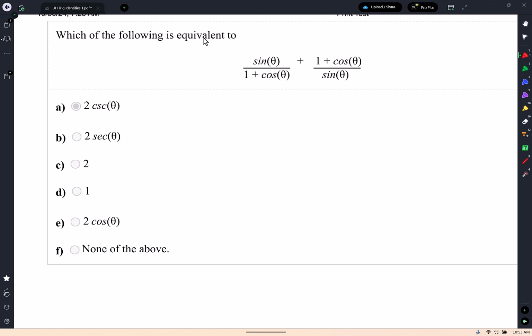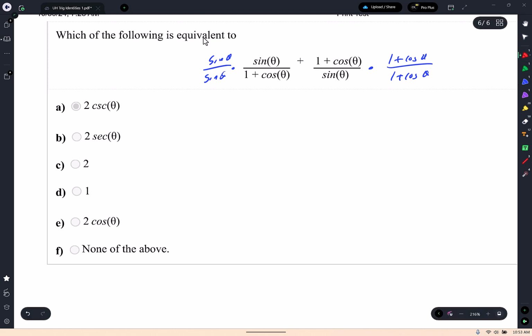So I'm going to multiply the one on the right by 1 plus cosine theta over 1 plus cosine theta, and then the one on the left by sine theta over sine theta. Once you get more experience, you're probably not going to go that route. You're probably going to do a difference of squares for one of them and then cancel out and all that good stuff.